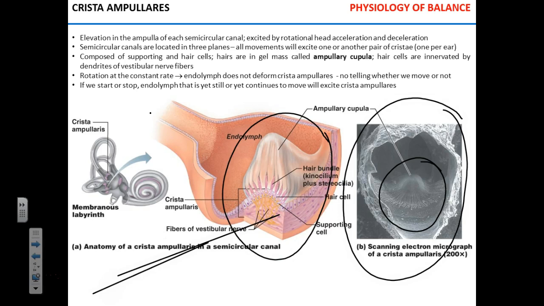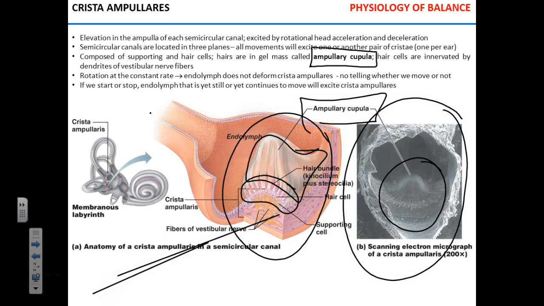So crista ampullaris consists of multiple hair cells, and hairs are embedded into the gel-like protrusion called ampullary cupula.